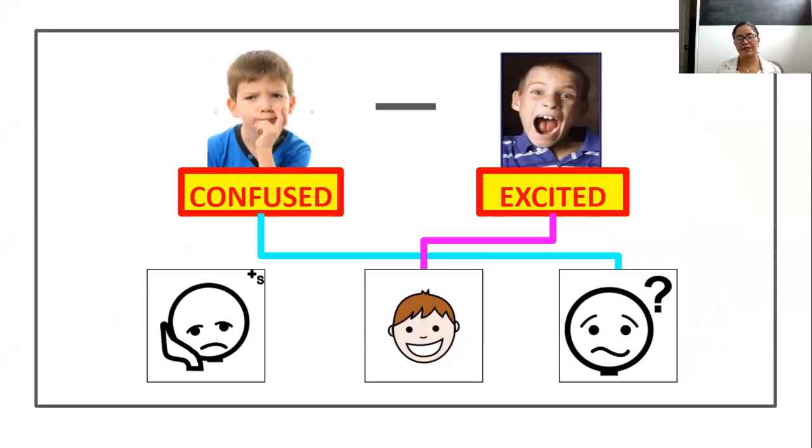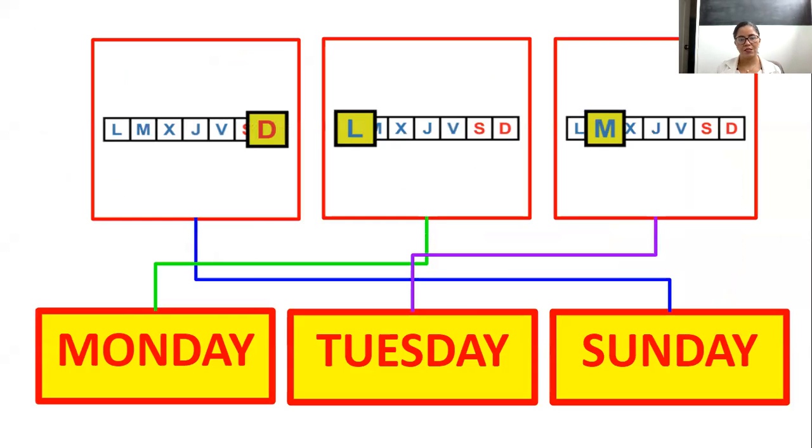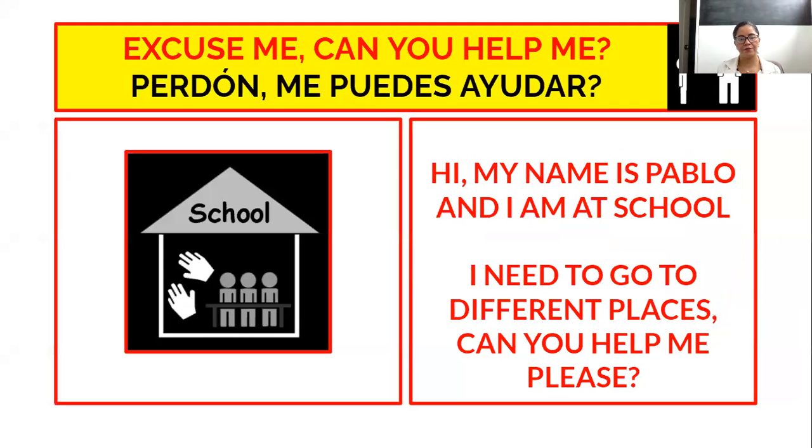Or for example, here there is a three-way association in which they have a real image, a word, and then a pictogram for them to actually match. Same here, where you have the pictogram and then they have to match it with the word.